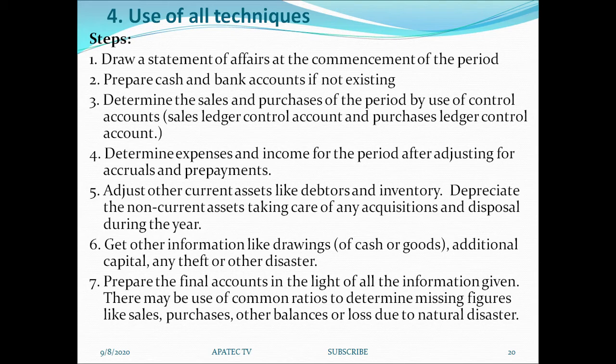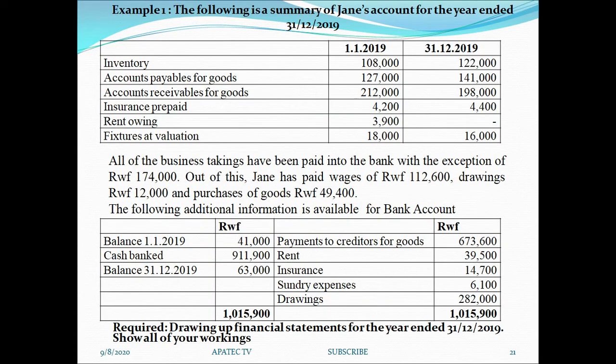After that, you have to prepare the final accounts in the light of the information given. You may use common ratios to determine missing figures like sales, purchases, and other balances, or loss due to a natural disaster. My dear friend, in the next session we shall come back to this by using the all techniques.